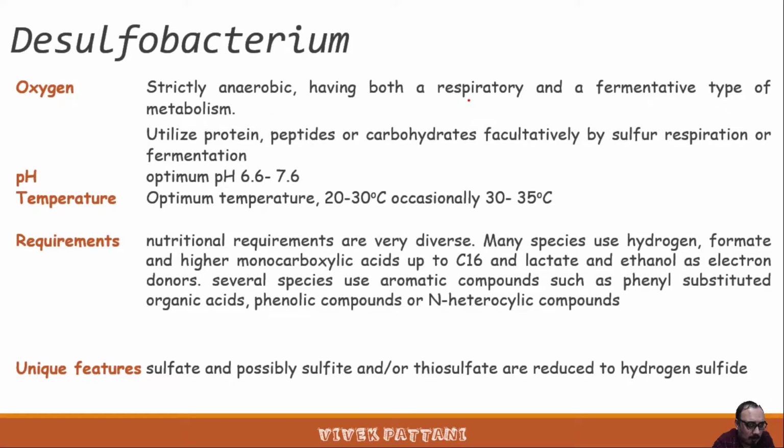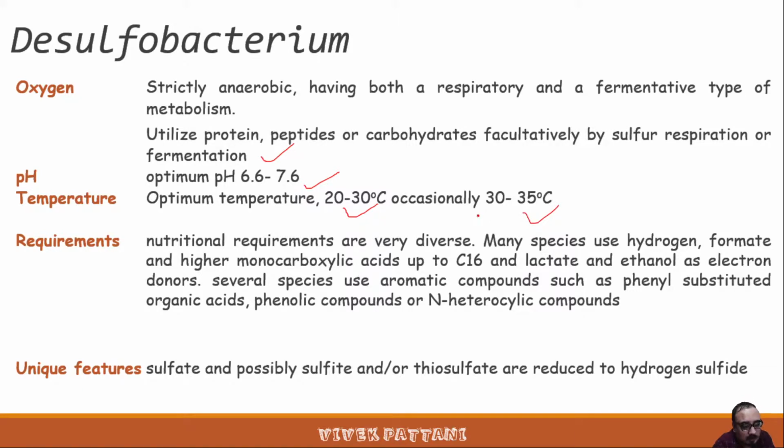They have both fermentative and respiratory metabolism, respiring with sulfates, and utilize proteins, peptides, and carbohydrates facultatively by sulfur respiration or by fermentation. They have a pH optimum ranging from 6.6 to 7.6, and an optimum temperature around 20 to 30 degrees Celsius, occasionally growing up to 35 degrees Celsius also.